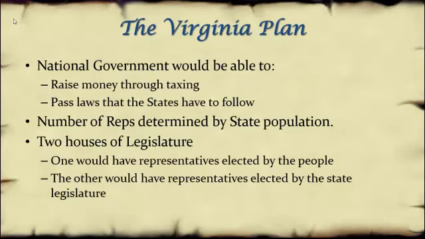His idea was that one house should have representatives elected by the people, and the other would have representatives elected by the state legislature. In the Virginia Plan, they didn't want everybody to be able to vote on the representatives. They thought that by letting state legislatures elect people, they would be able to elect people who'd represent the interests of the entire state.